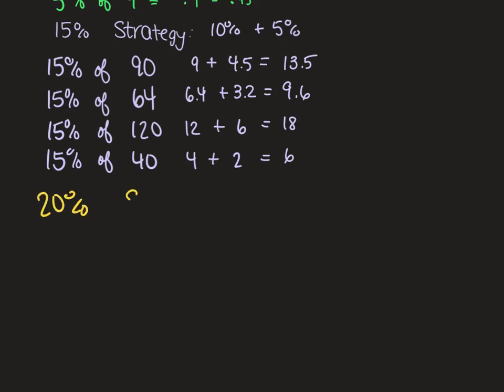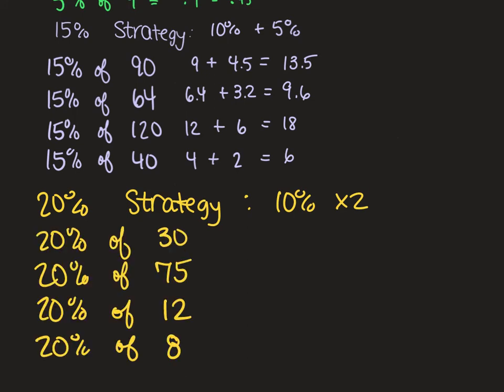Why, yes, we can. 20% strategy. Have you thought of it yet? Take 10% and double it. 10% and times by 2. All right, we're going to find 20% of 30. So 10% is 3 and double it to make 6. 20% of 75.